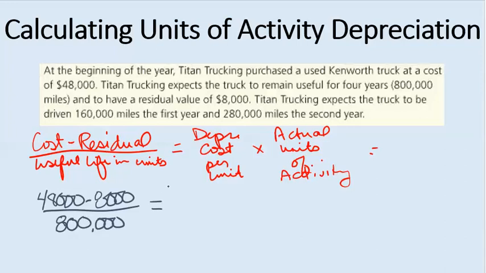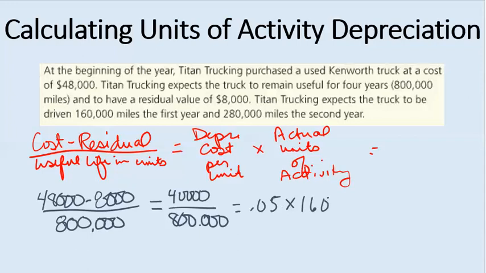That's going to be 40,000 over 800,000, and that is going to be equal to 0.05. Then we multiply that 0.05, so it's telling you the depreciation expense per mile driven is going to be a nickel. So 0.05 times the actual miles driven in year 1, which is 160,000 miles, will give us $8,000 in depreciation for year 1.